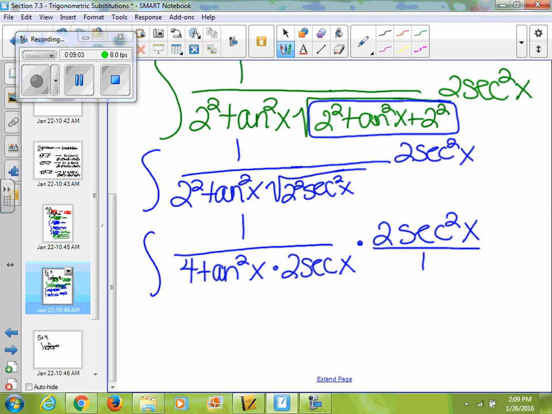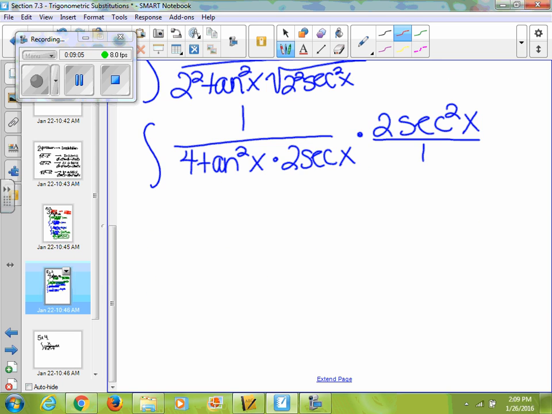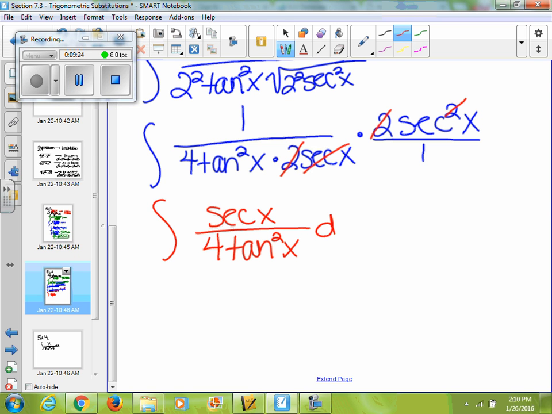So we can start cross-canceling. I'm going to cross-cancel this 2, and this secant cross-cancels with the squared part of that secant. So if I multiply across, I get secant of x divided by 4 tangent squared of x dx.